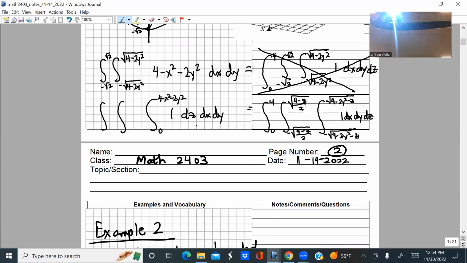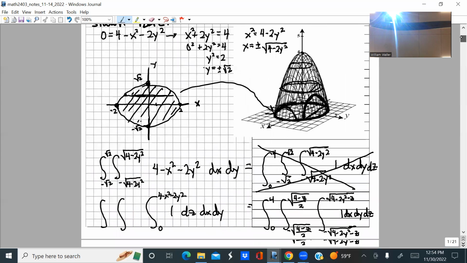Now, what about for x? Well, I can see it in this picture where I've drawn the region of integration, right? We want x to start at the left hand of this ellipse up to the right hand of this ellipse. So that means x is going from this curve on the left to this curve on the right.